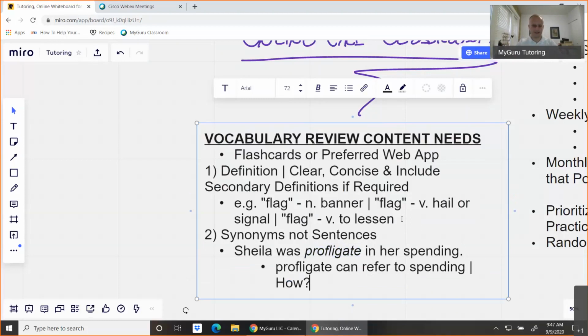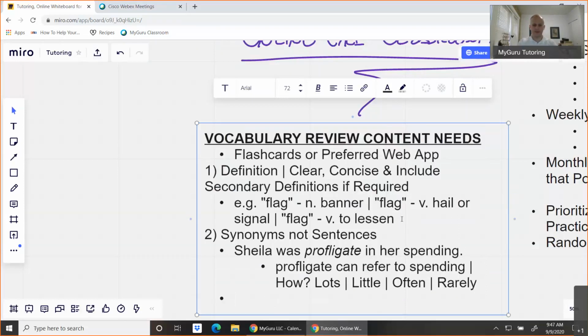It could be lots, it could be little, it could be often, it could be rarely. We have no idea what profligate would mean just based on the sentence. Whereas if instead we say profligate is basically synonymous or equal to, say, wasteful, we know exactly what's happening with that term. You go, okay, profligate means wasteful, whether we're talking about spending or any other type of context for the term.